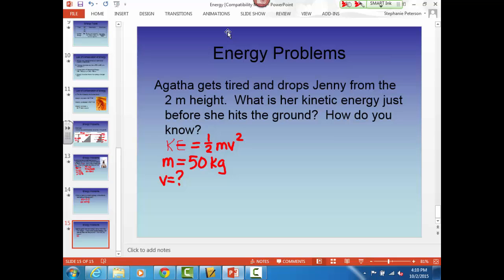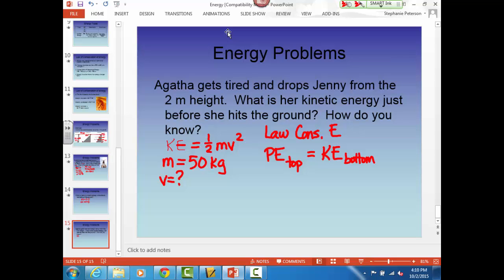And it has to do with that third big idea that we talked about. The law of conservation of energy says that energy can't be lost. So whatever potential energy Jenny starts with at the top has to be equal to the amount of kinetic energy that she has at the bottom.